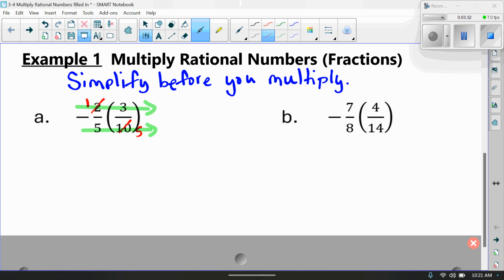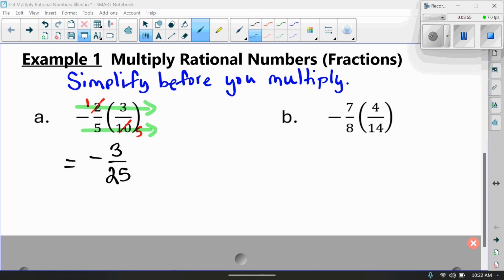Very good. So let's write equals negative. And then we're going to multiply straight across. Okay? So 1 times 3 is 3. And 5 times 5 is 25. And there's your final answer.